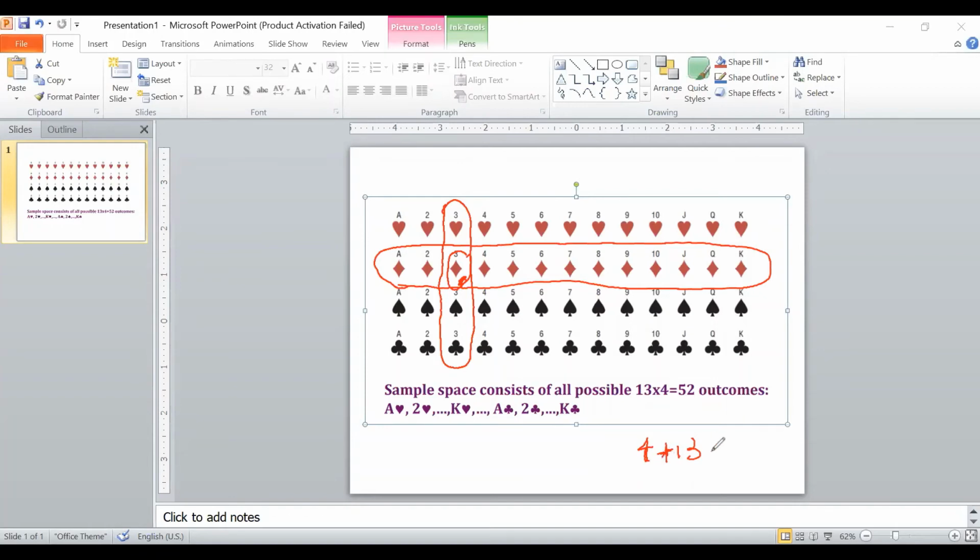Therefore, we have to put it as minus 1. So altogether, there are 16 possibilities of getting 3 or diamond. Is that clear now? Right, I think it's clear now.